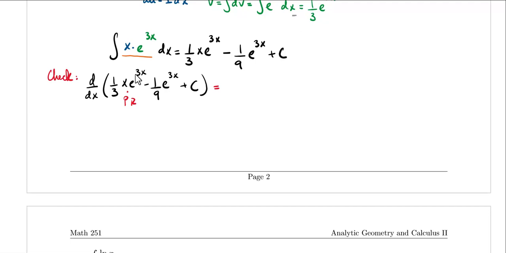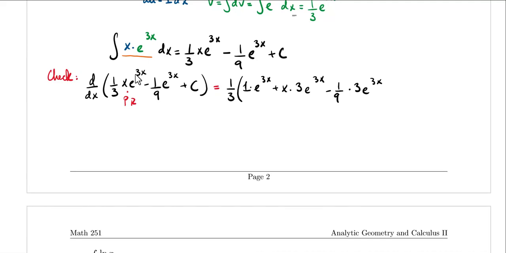That's going to give us here a 1/3 times the derivative of x, which is 1, times e to the 3x, plus x times the derivative of e to the 3x, minus 1/9 times the derivative of e to the 3x, plus the derivative of c, which is 0.